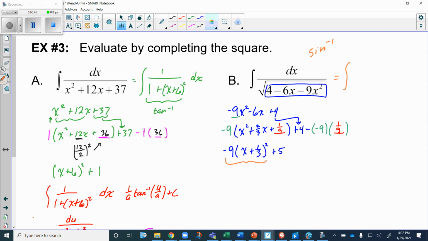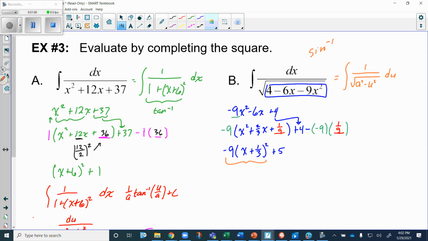So this is going to wind up being 1 over the square root, and the square root is kind of a tip-off that we're using either arcsine or arcsecant. And here we're going to say a squared minus u squared du.